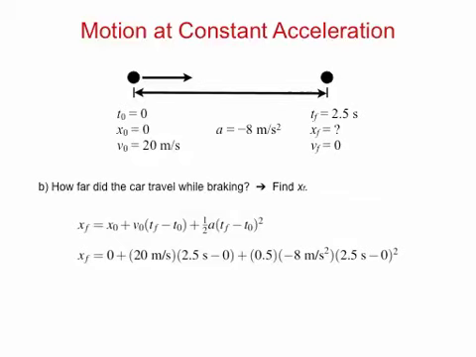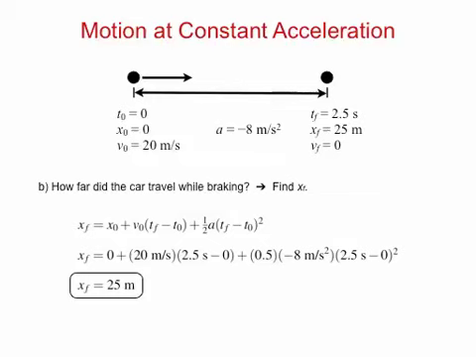The third term multiplies a pure number, 1/2, by a number with units of meters per second squared, and then by a number with units of seconds squared. Thus, this term has units meters per second squared times seconds squared, which is meters. Since the two non-zero terms have the same units, we can add them. Evaluating gives a total displacement of 25 meters.